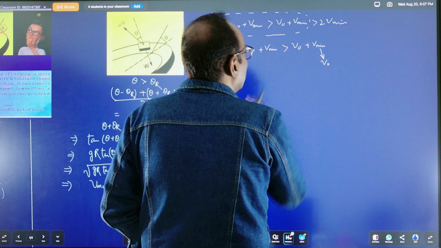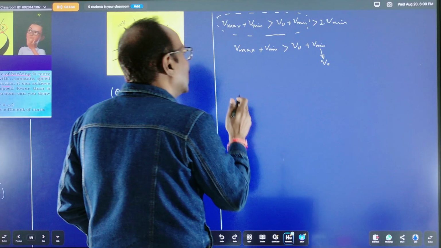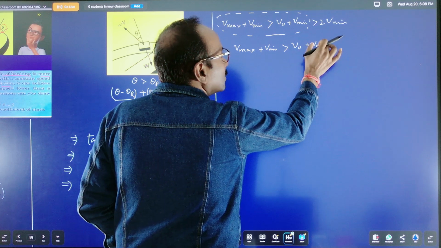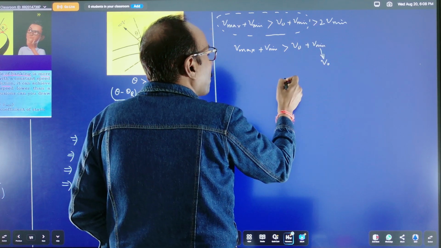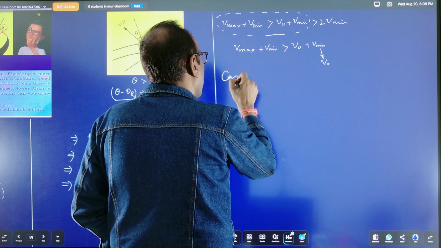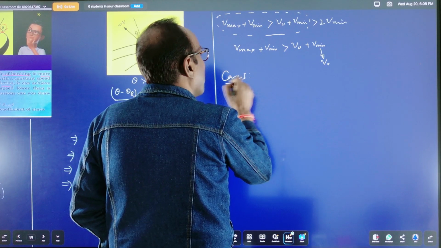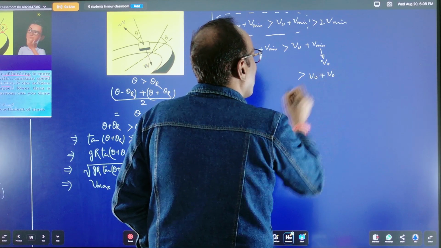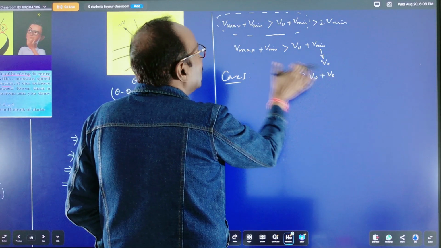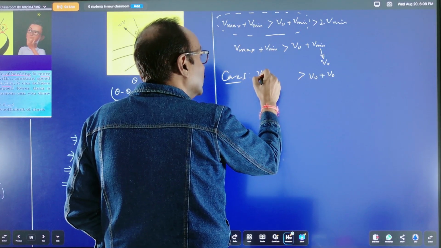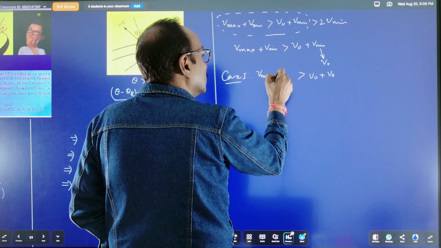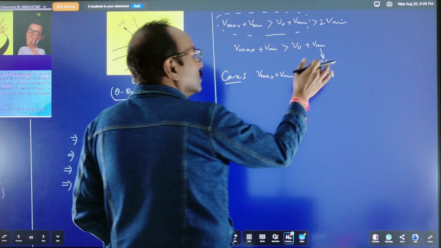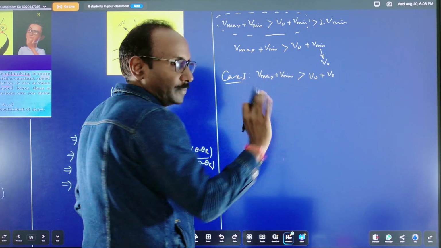So there will be two cases. One case can be when we replace V minimum by V naught in this expression. So this may be less than this, maybe, but not sure, depending on V naught and V minimum.